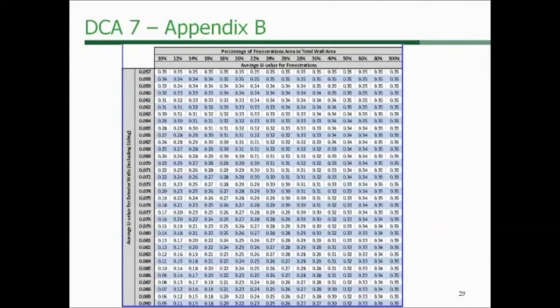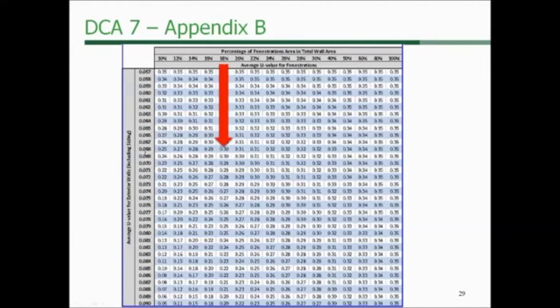We can also do it the other way around. Say we know we want a certain wall type, but we want to know how good of a fenestration we need. So we have a percent fenestration area of 18%.